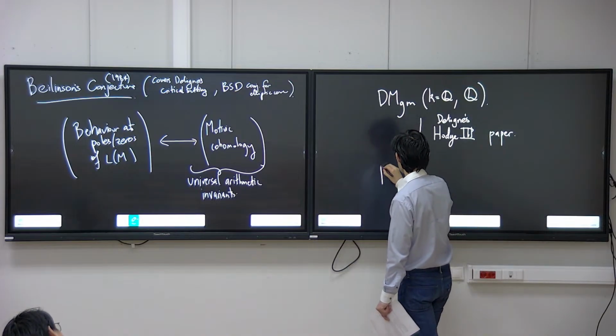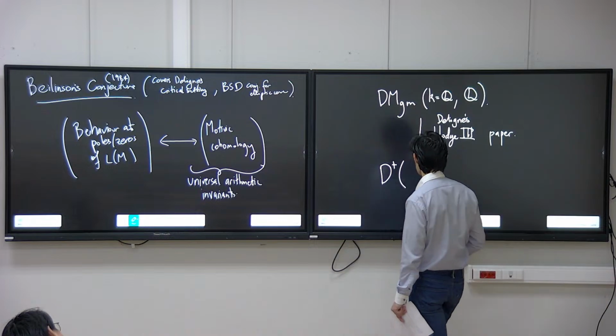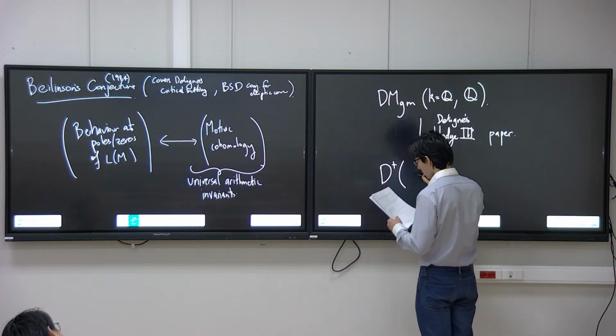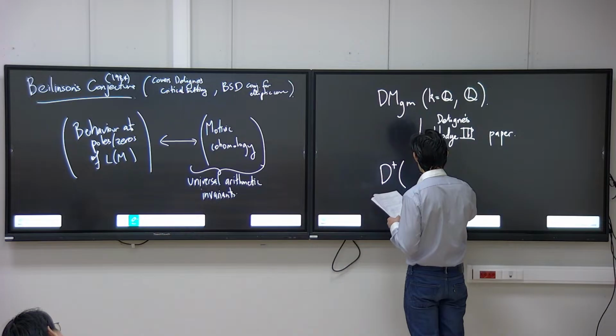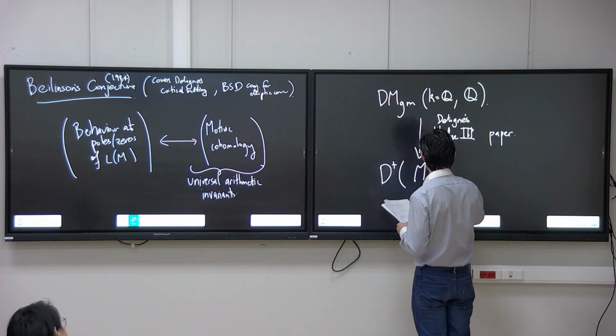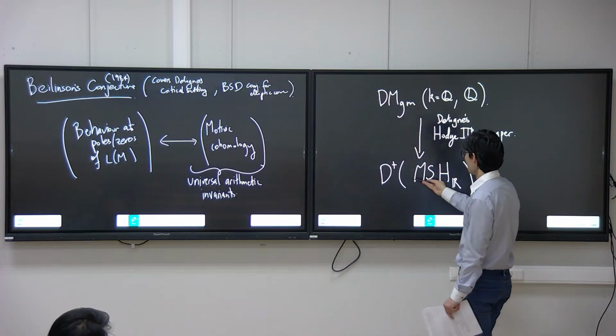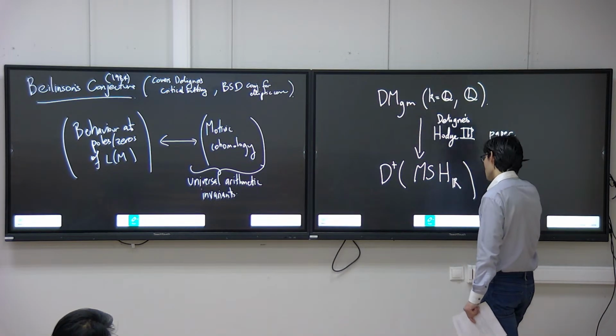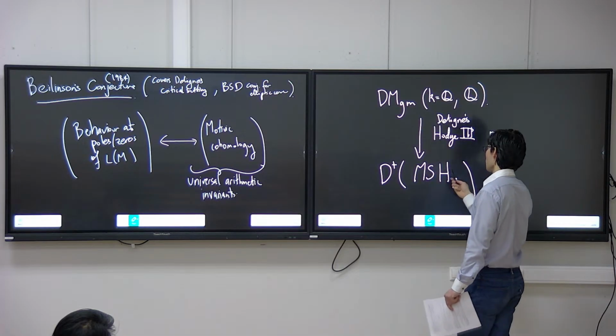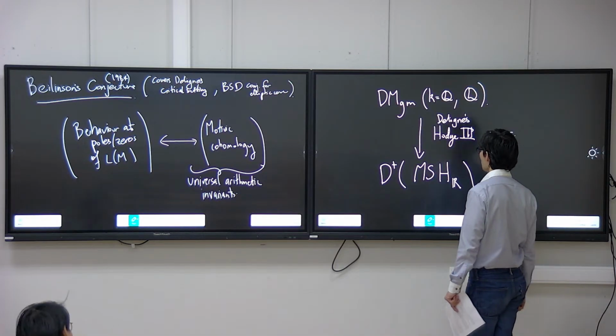So now my category will be this category of mixed Hodge structures. In French it's structure de Hodge mixte, so the opposite way around, but mixed Hodge structure over R.